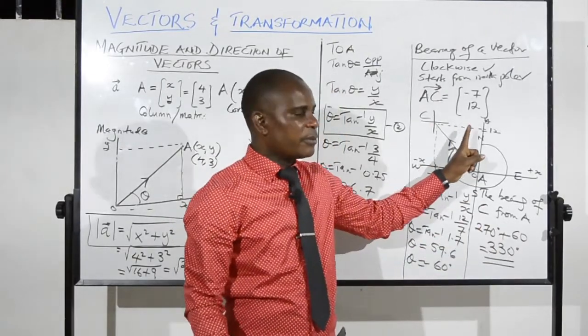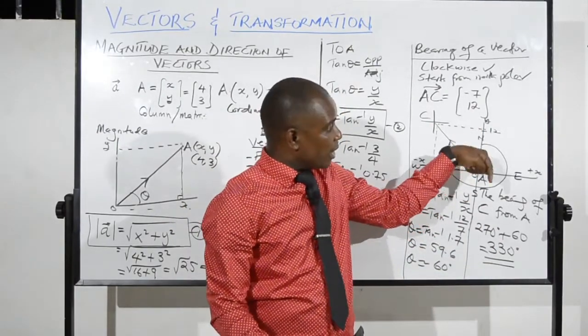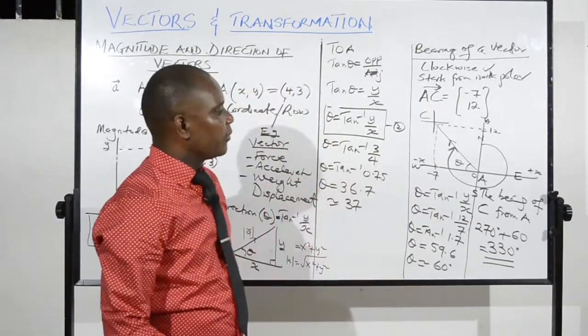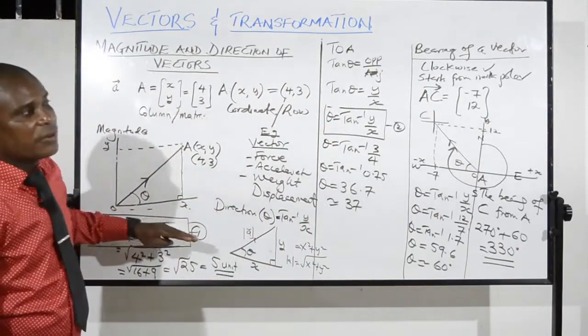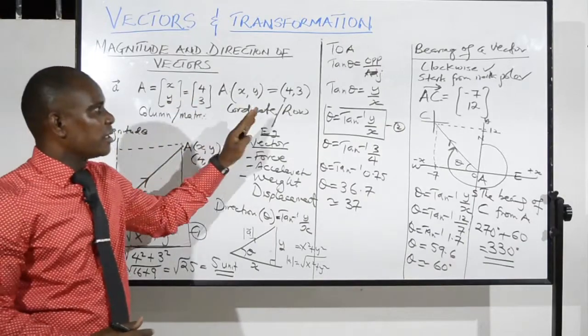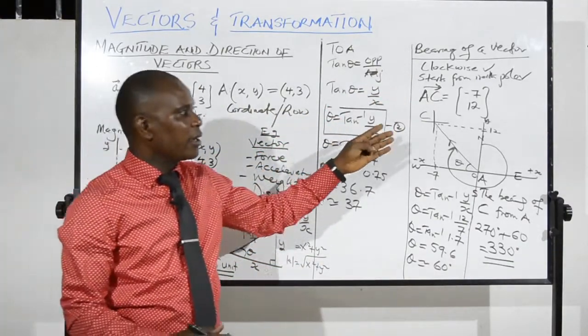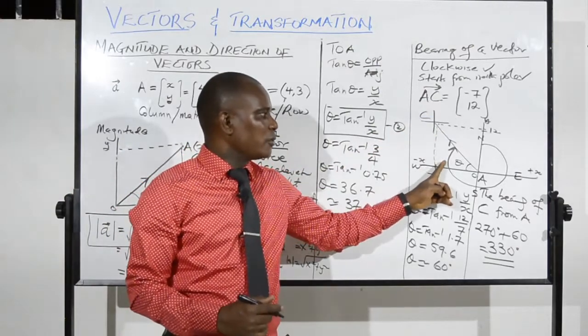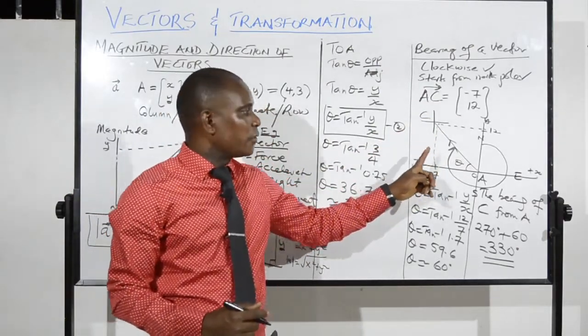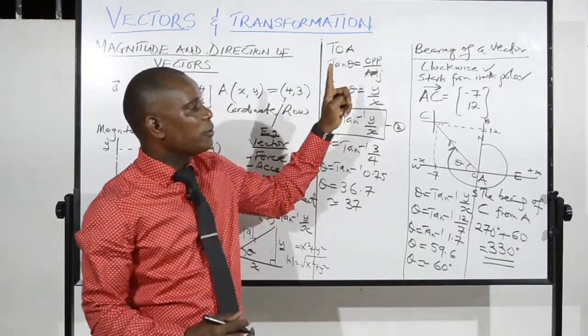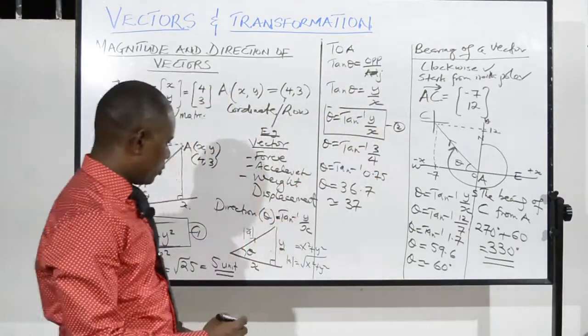Bearing starts from the north pole and goes clockwise. So I found the magnitude, the direction, and also the bearing of the vector. Watch out for how to find the bearing: you find the magnitude, you find the direction and that angle first, and you know that bearing always starts from the north pole and proceeds clockwise.